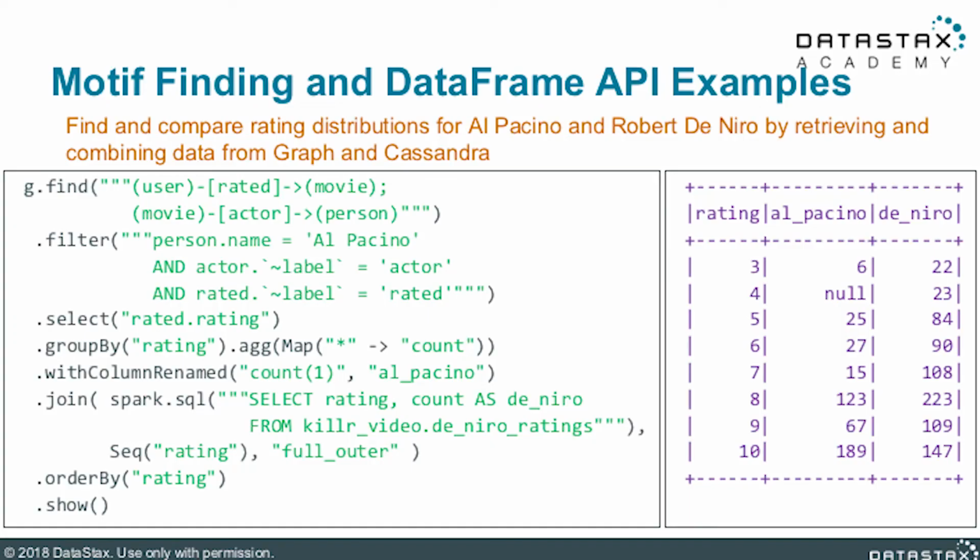We get Al Pacino's rating distribution from the graph and Robert De Niro's rating distribution from the table in Cassandra we populated in the previous example. We then take the 2 resulting data frames or tables and perform a full outer join on the rating column. The full outer join is required to preserve any rows from both tables that cannot satisfy the join condition. We order the resulting table by rating and show the result.